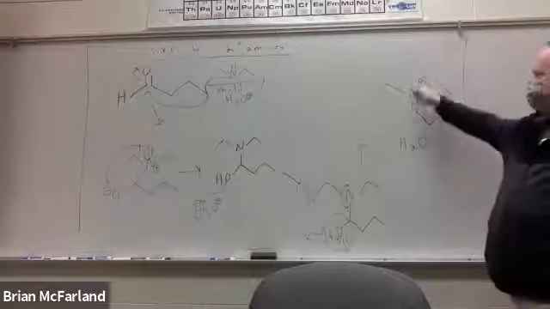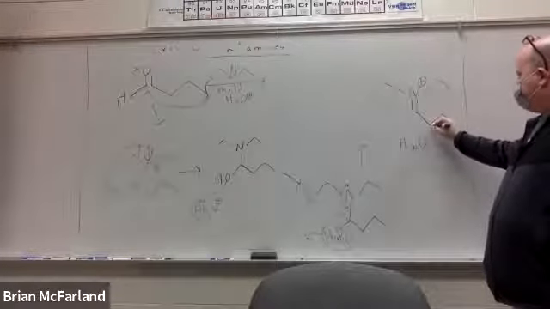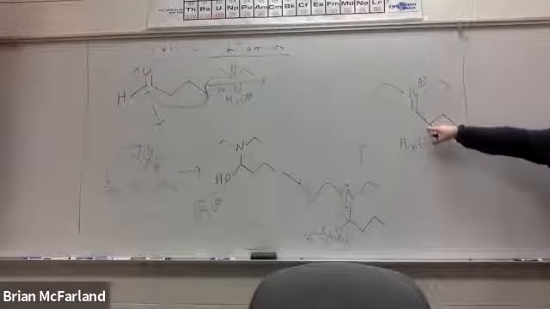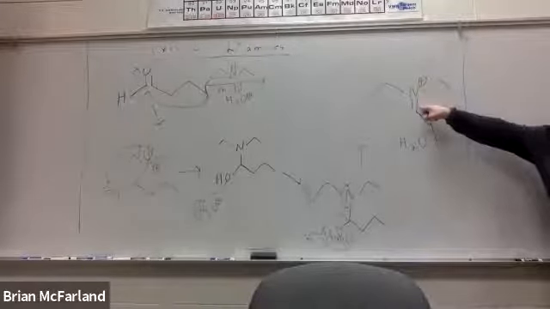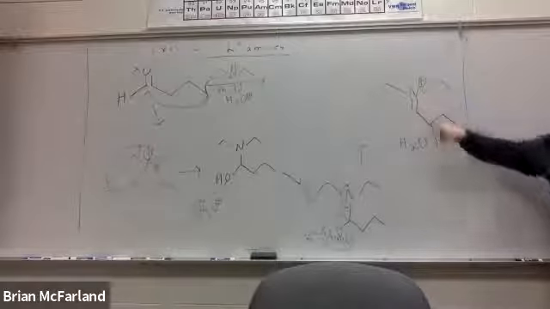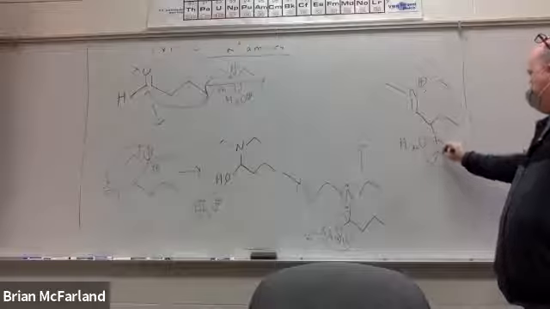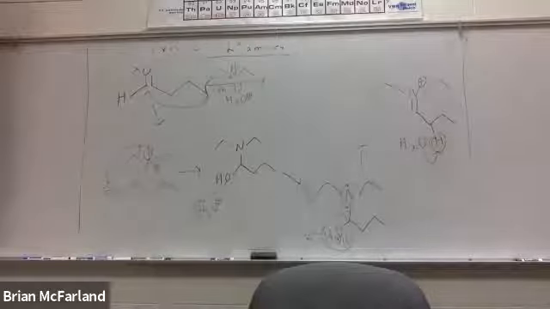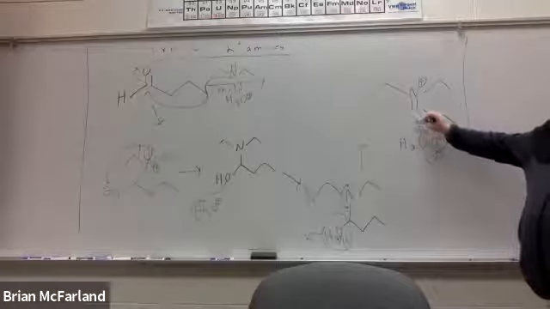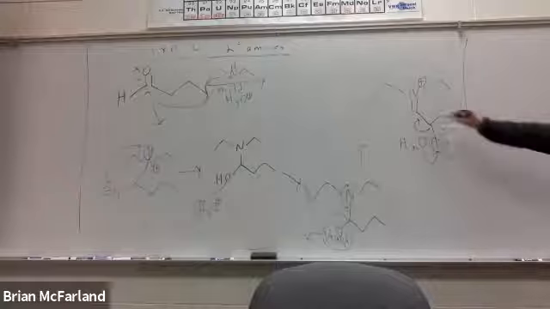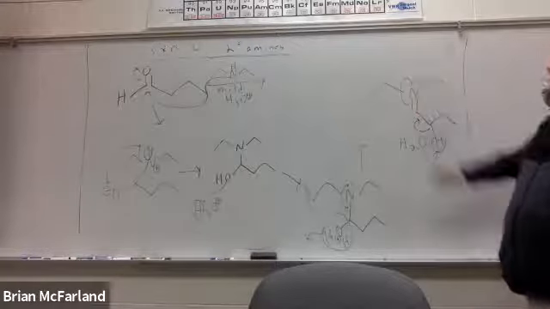However, what happens is it will do something else. Instead of taking an H here, what it will do is specifically take an H from the carbon directly adjacent to this double bond. And that sets off a little bit of a domino series of events. This pair of electrons will swoop into a double bond here. And this pair of electrons will go back to nitrogen.